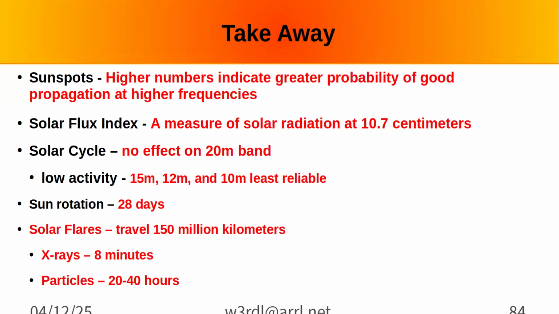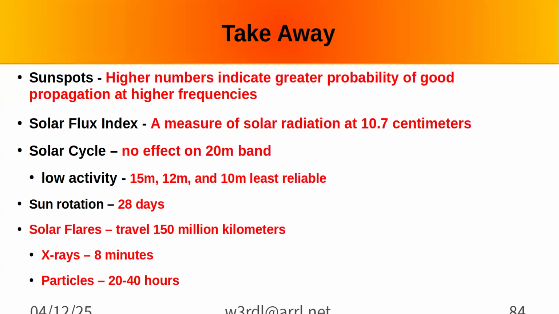You're going to have less propagation on 20 at the minimum of the solar cycle, I think. It's going to be relative, it's going to be better than the others, right? The higher bands aren't as reliable at low solar activity, since they require more ionization.